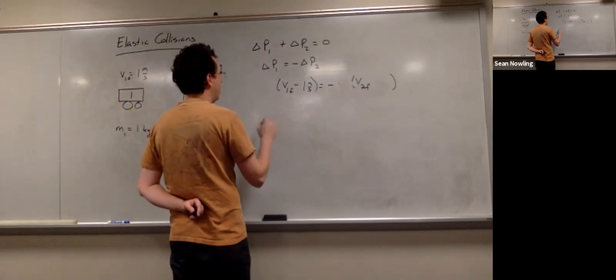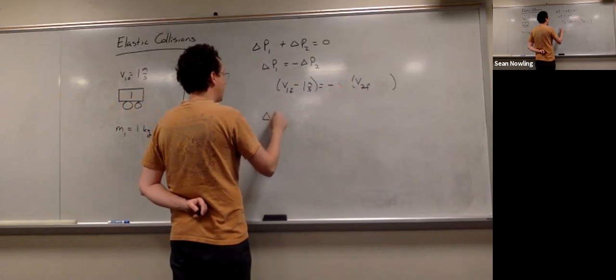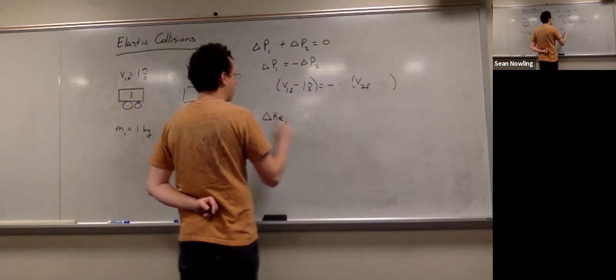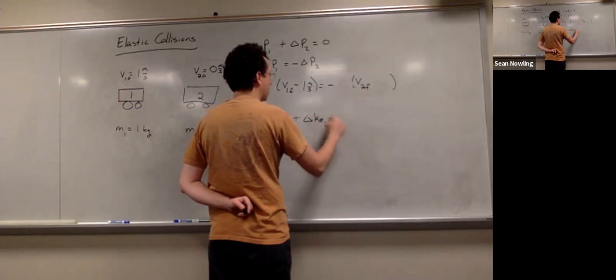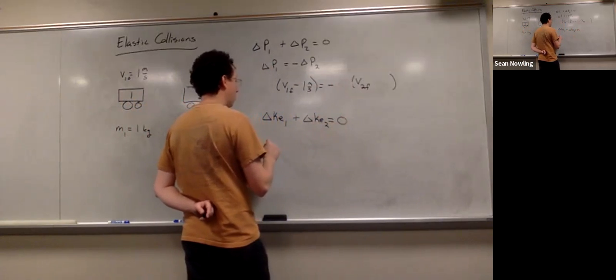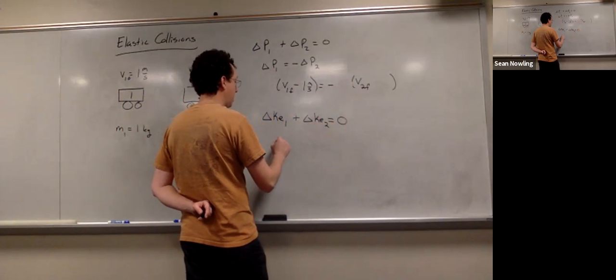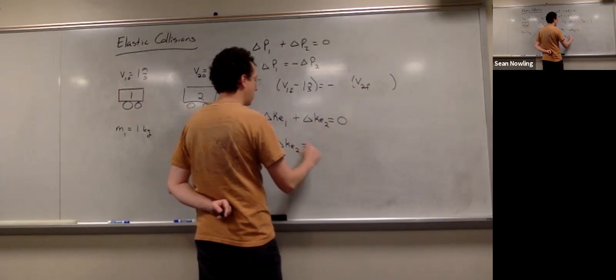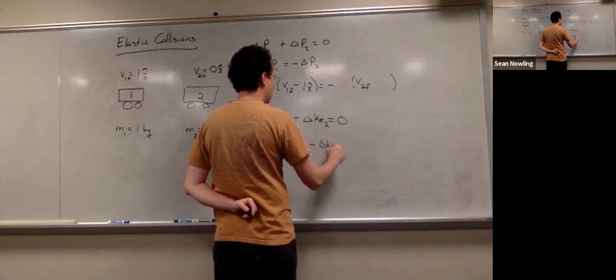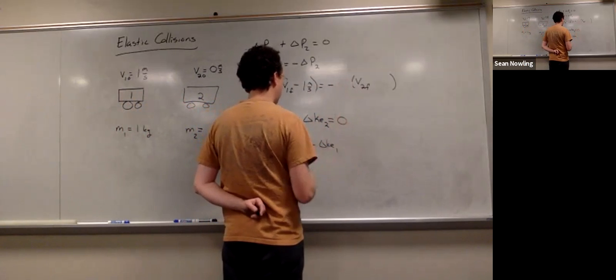There's no work being done, so that means the change in kinetic energy for cart 1 plus the change in kinetic energy for cart 2 equals 0, or the change in kinetic energy for cart 2 equals minus the change in kinetic energy for cart 1.